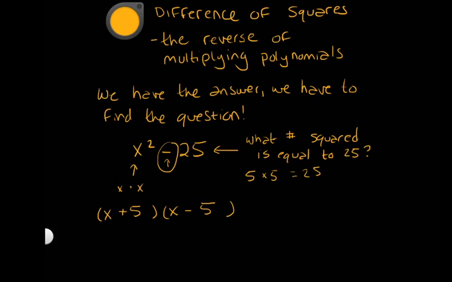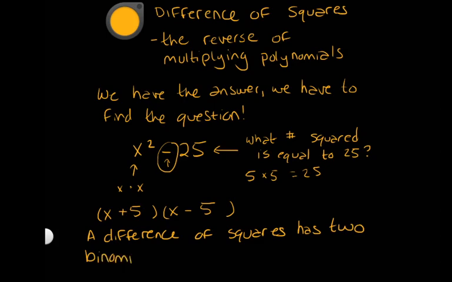So a difference of squares has two brackets, two binomials, that are the same, except for the signs.